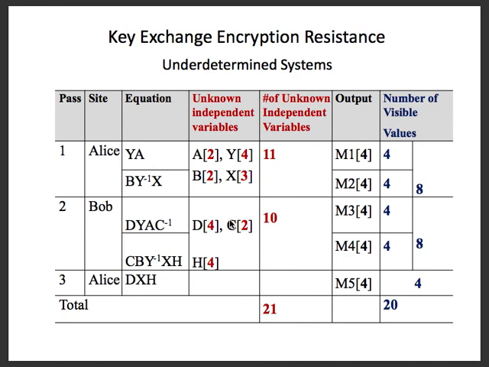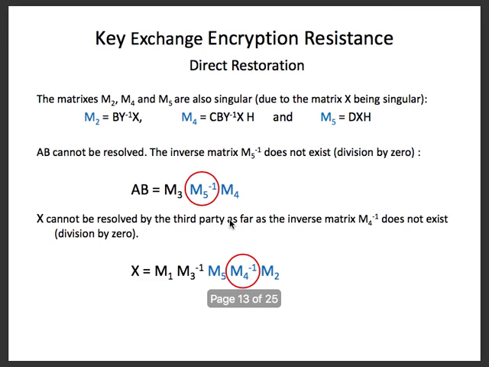Later I will show you this example. What is the problem with this? Can this somehow be decrypted by matrices? For example, matrix X, just formally, can be represented by a visible matrix like this. The problem is that matrix M4, M5, and M2 are also singular.